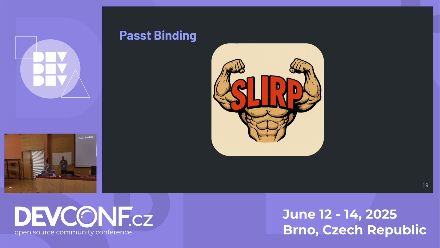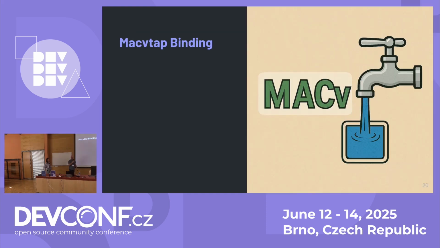So the first one was passt, I think. It's like an enhanced slirp. It allows you to do whatever slirp did, better. Basically, you don't feel the fact that you are now bridging something from the pod side. And then we had the macvtap.